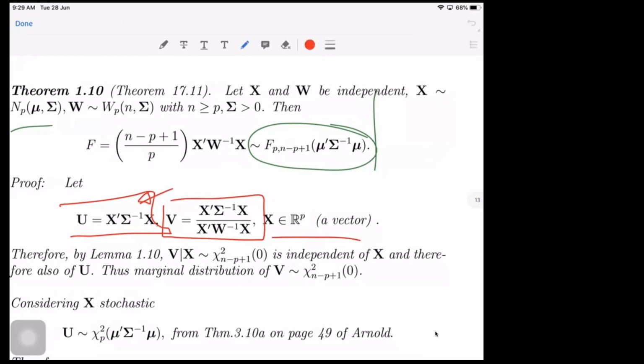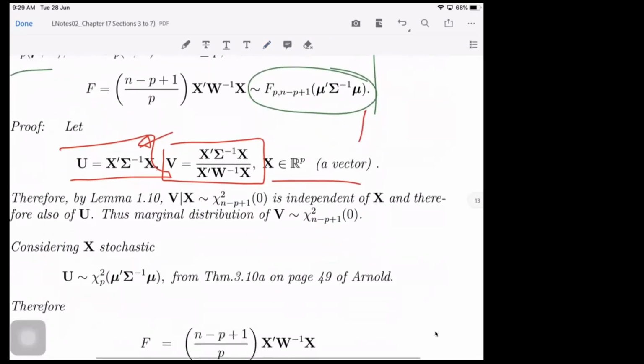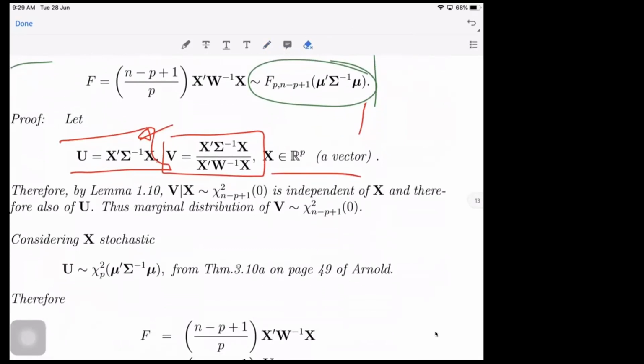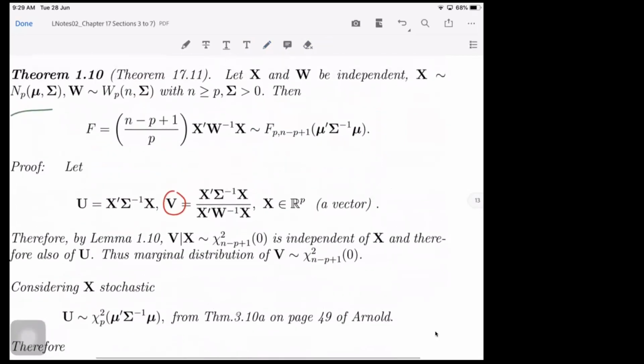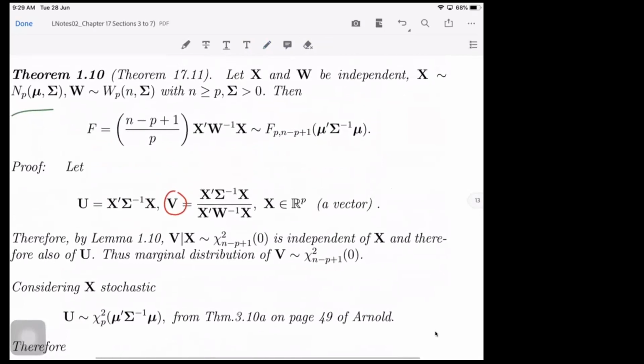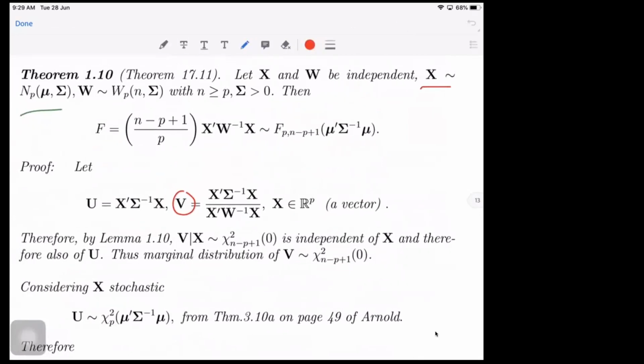So, by the important lemma, the conditional distribution of V given X, since X is normal, V given X is central chi-square.